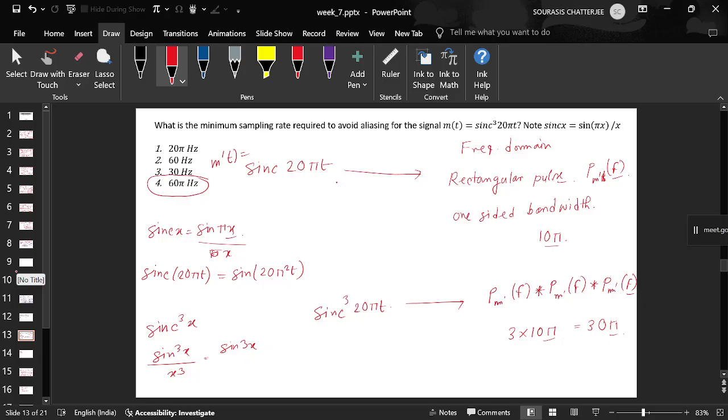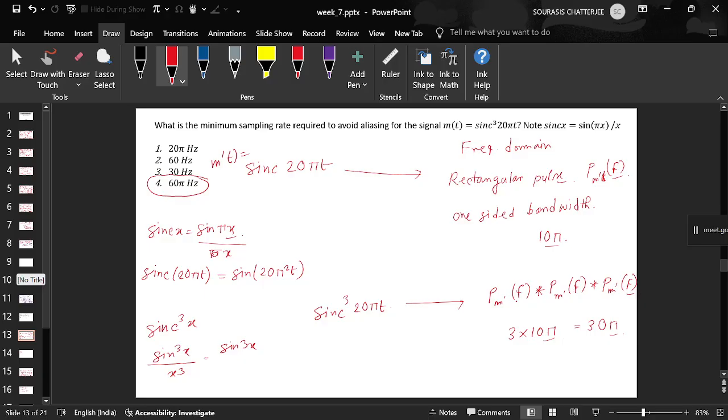A sinc pulse in the time domain corresponds in the frequency domain to a rectangular pulse, and the one-sided bandwidth is going to be 10 pi, right? Now if I have multiplication in the time domain, that is sinc cube here, we have convolution in the frequency domain, with the rectangular pulse convolved three times with itself.